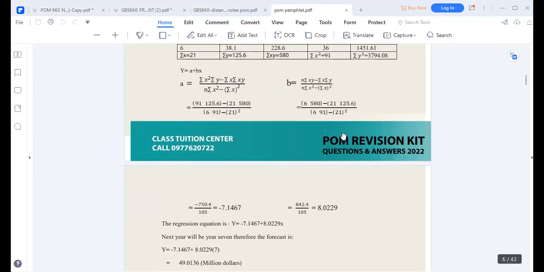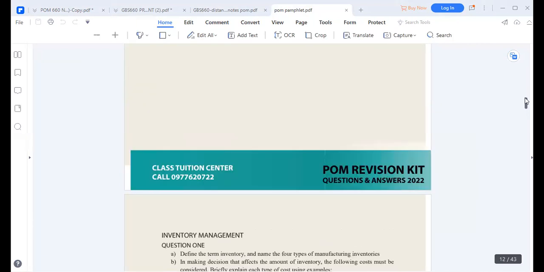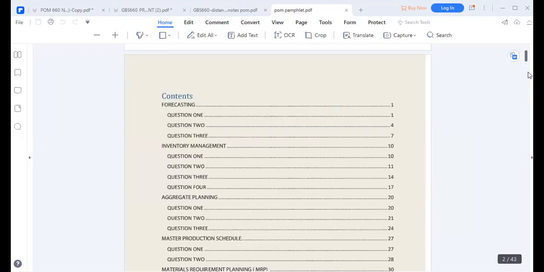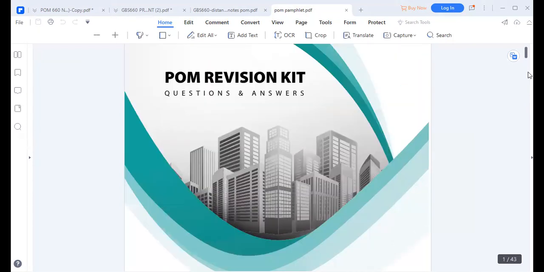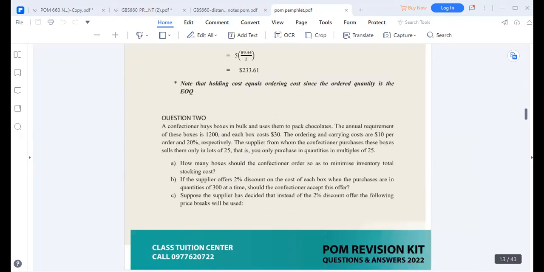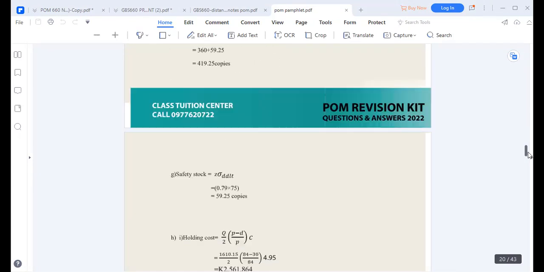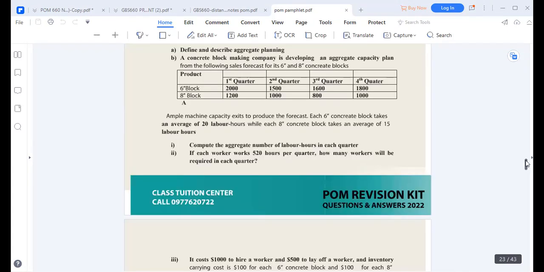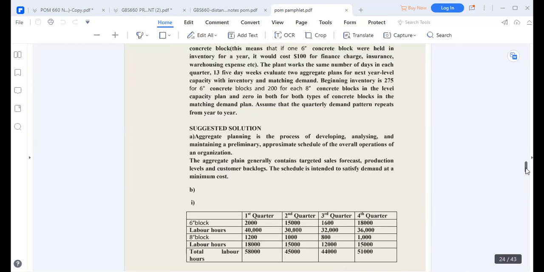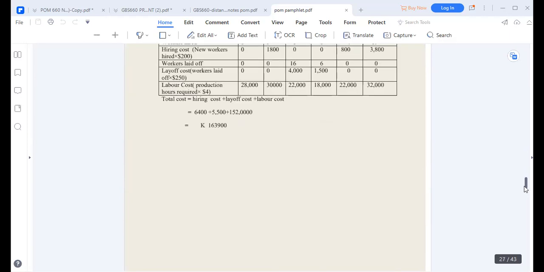It is found in the POM pamphlet. So we can go for it right about now. As we do this, we'll do as much as we can so that you understand this master schedule in detail.